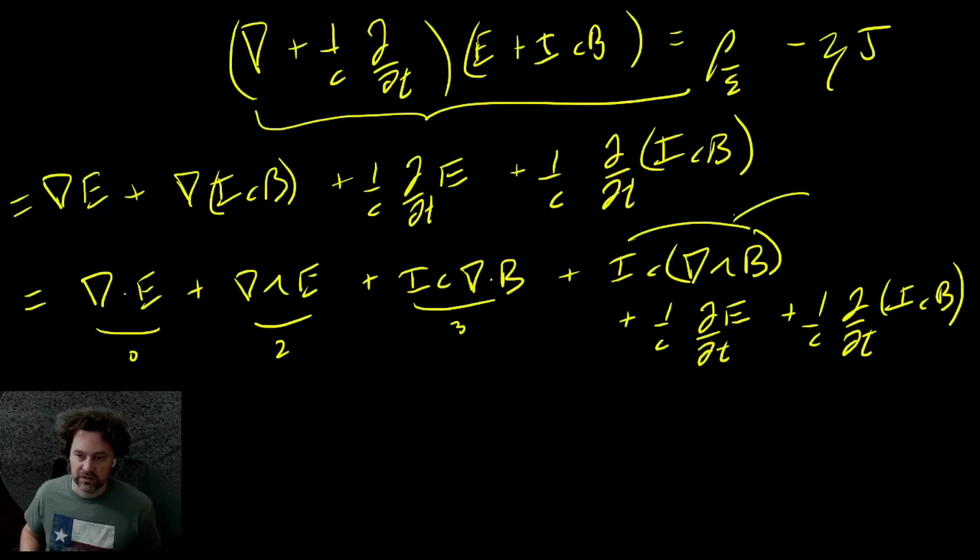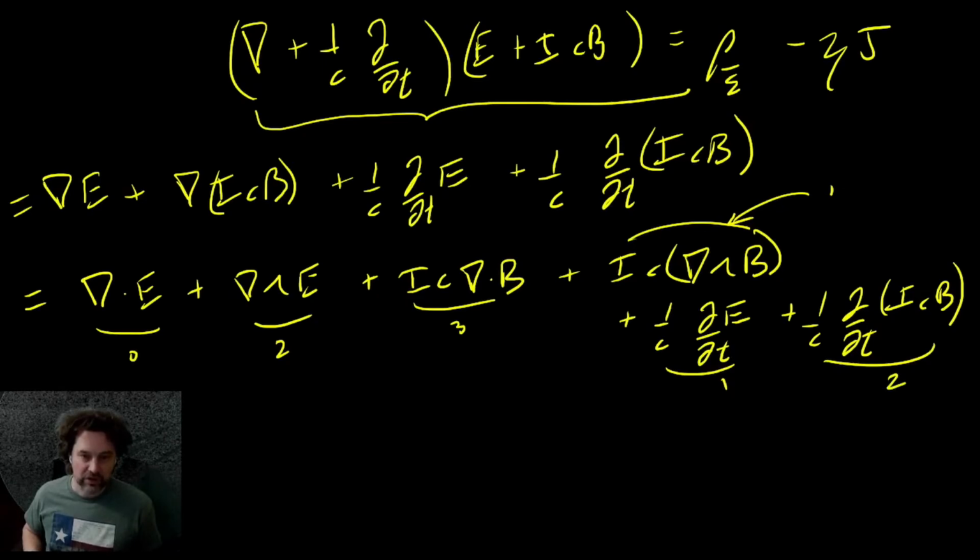So this one is grade 1, and finally we have a vector times the trivector, so that is a bivector, that is grade 2.